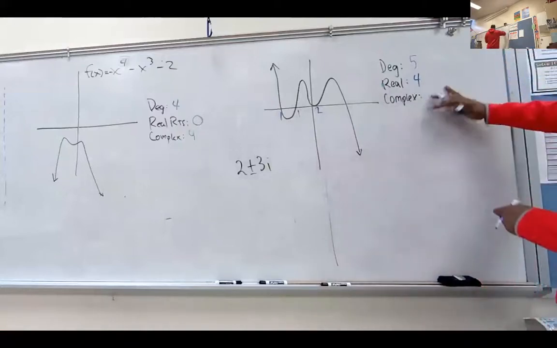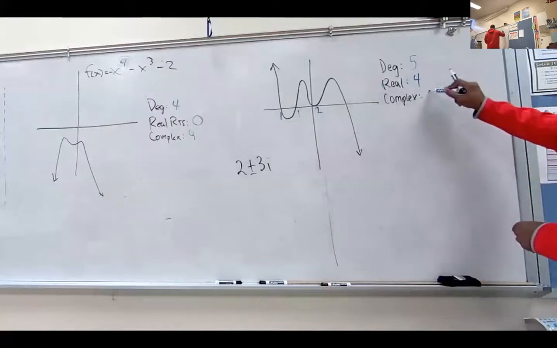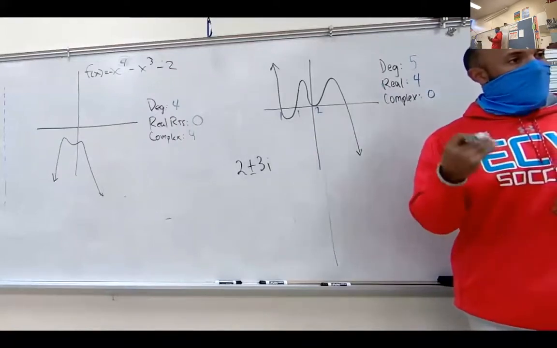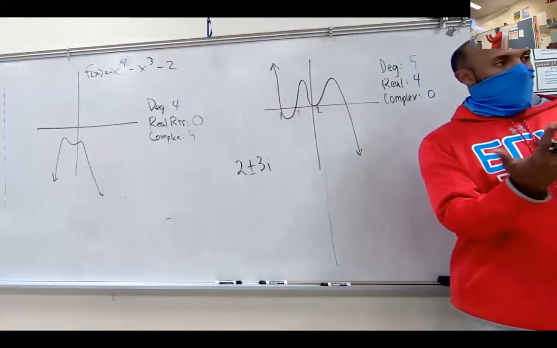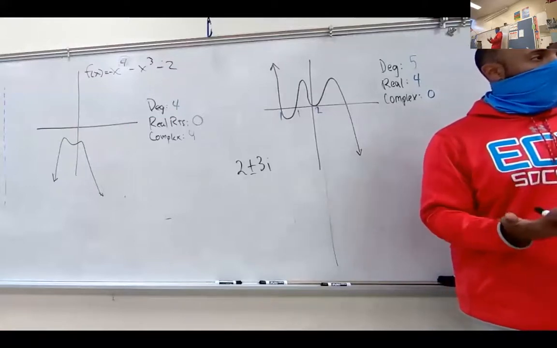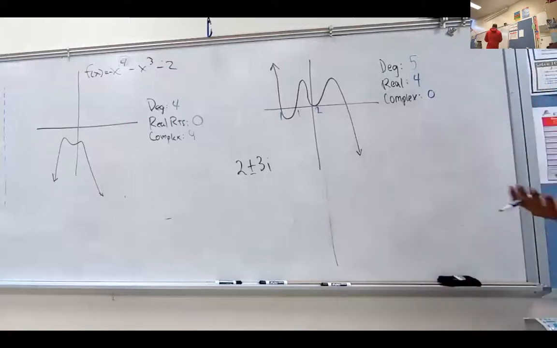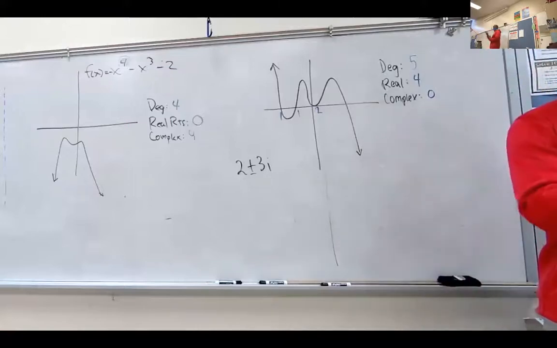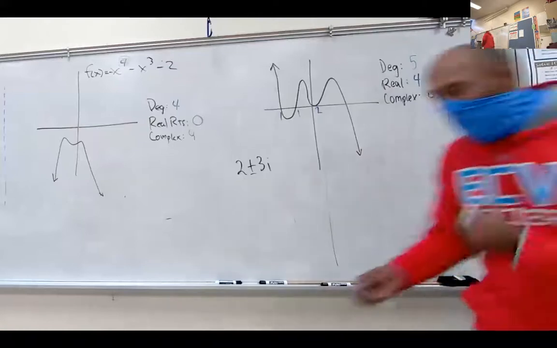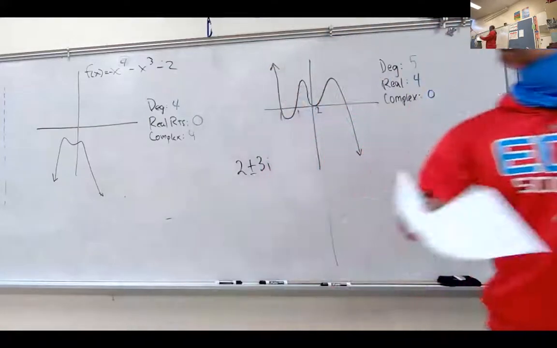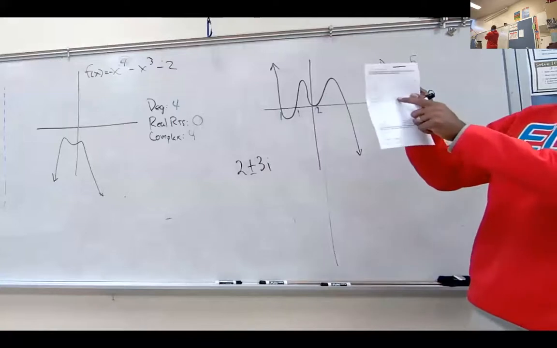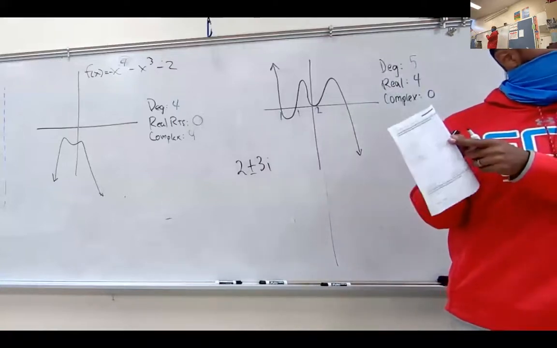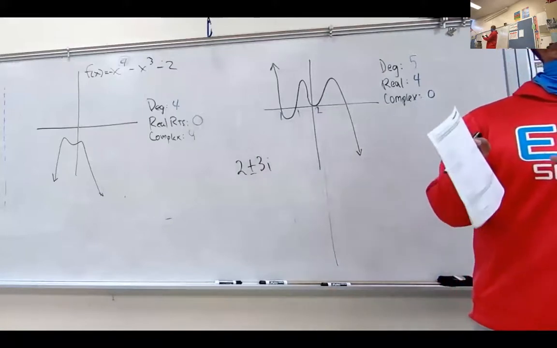Okay, so there's actually 0 in this case. The amount of complex roots has to be even. It could be 2, it could be 4, it could be 6, but it cannot be an odd number of roots. So that means that that's it. There's only 4 in this case. That's why, if you look at the title of this part where it asks for degree, it doesn't say how many roots, it says how many possible roots.